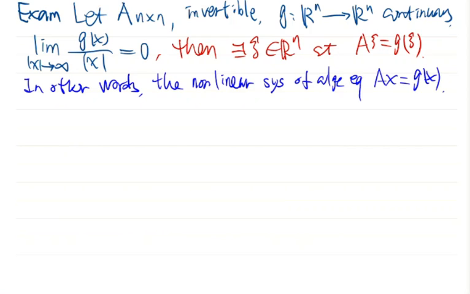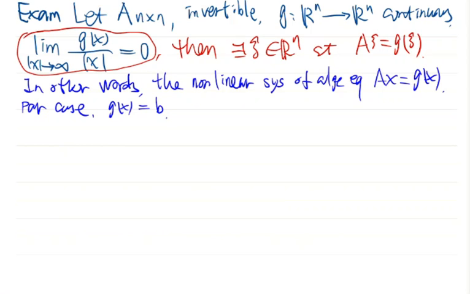It is a generalization of what we know from linear algebra. A particular case: G(x) is a constant vector b. Of course, a constant map is continuous, so the continuity assumption is verified. And as a constant, the limit of course is 0.